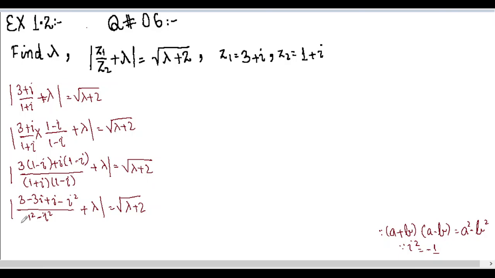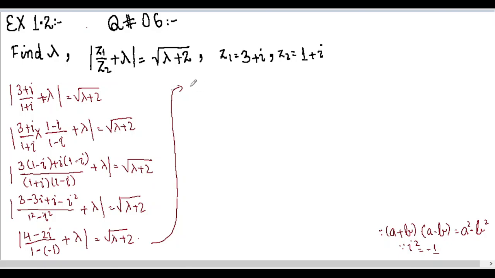Now moving towards the next step, we know that iota square equals minus 1. That minus into minus brings us plus 1, so 3 plus 1 equals 4. 4 minus 3 iota plus iota gives us 2 iota, whole divided by 1 square is 1 minus, as it is, and then this iota square gives us minus 1, so we write it in brackets, plus lambda equals square root of lambda plus 2.